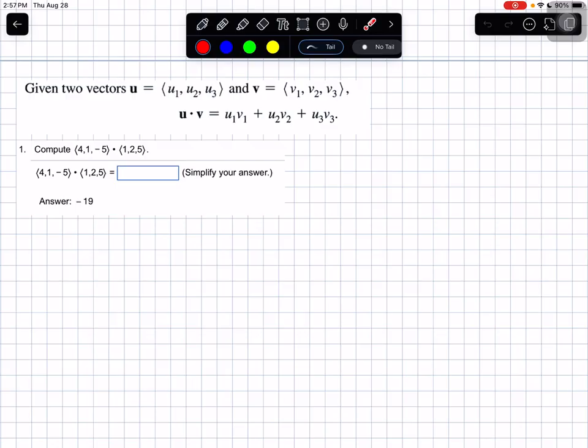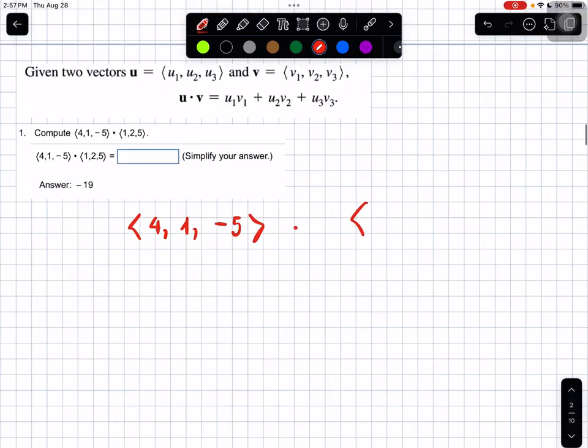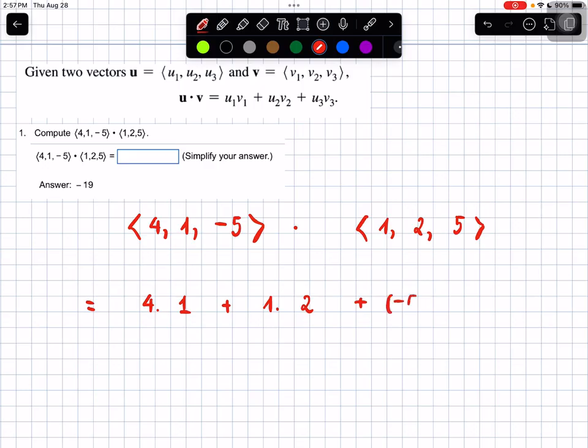Here's an example. Compute the dot product of the vectors (4, 1, -5) and (1, 2, 5). The dot product is 4 times 1, plus 1 times 2, plus -5 times 5.